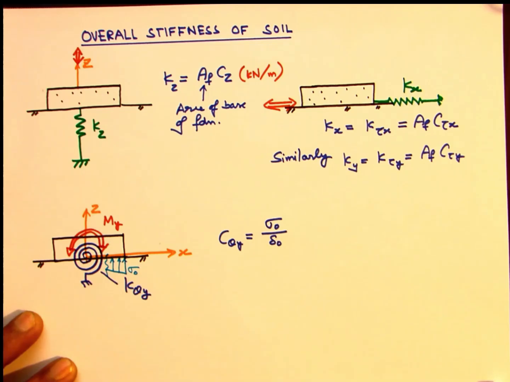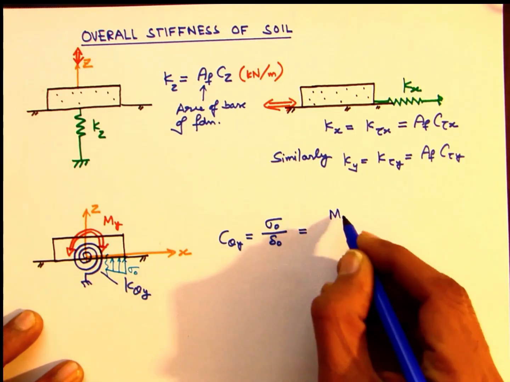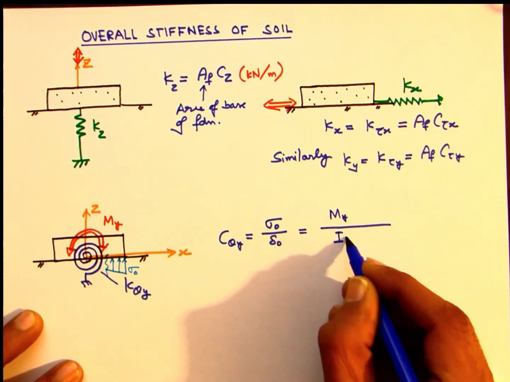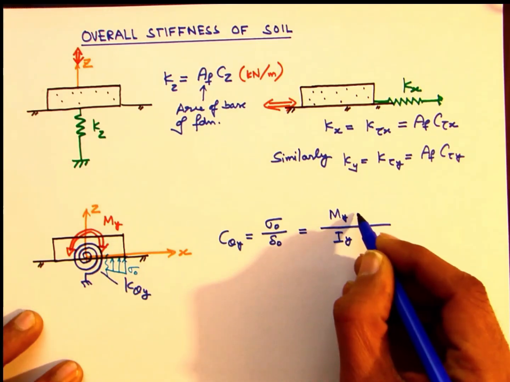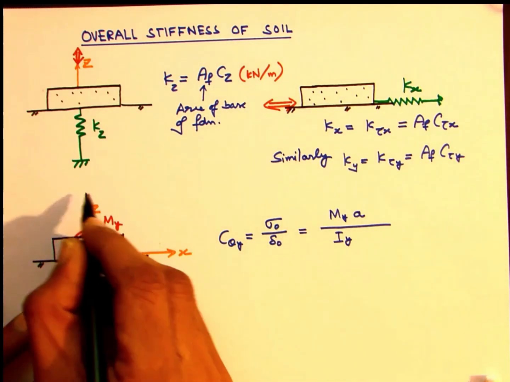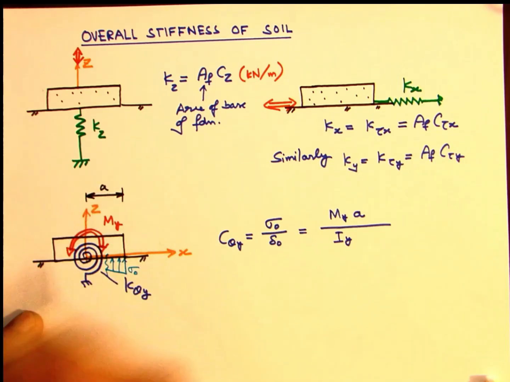Then we can make use of Euler bending theory to express sigma naught in terms of the moment acting, that is My, divided by the moment of inertia Iy and multiplied by the distance of the extreme point with regard to the axis of rotation.